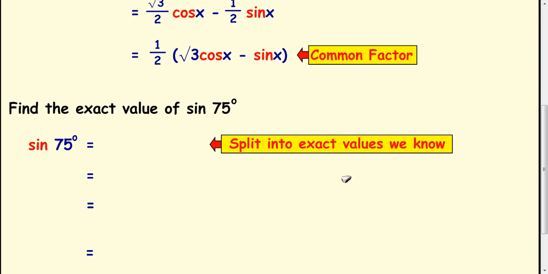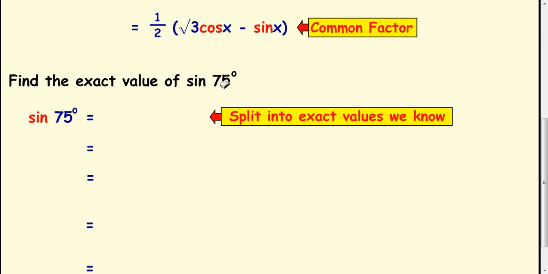Another good use for this is to find exact values for angles that are not between 0 and 90 using the normal 30, 45 and 60 technique. So sine of 75, we wouldn't know that if we didn't know how to do this. What you can do is, you can only do it with certain ones, but you can split 75 into exact values we do know.